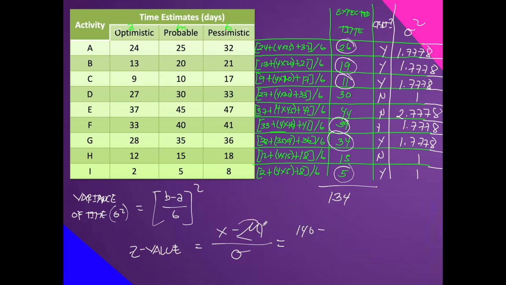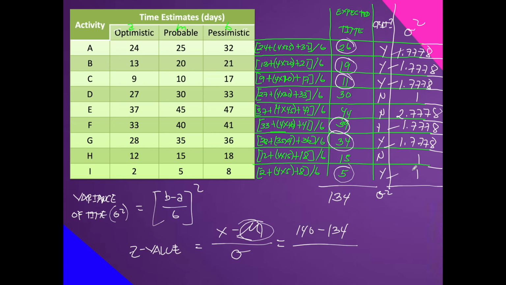Then mu is the projected 134 that we got, based on the earlier computations, of course. Divided by our standard deviation. Where do we get our standard deviation? We total the variance first, because the variance is the same as the standard deviation, the only difference being that one is squared. Let's get the total variance of all the critical path activities.